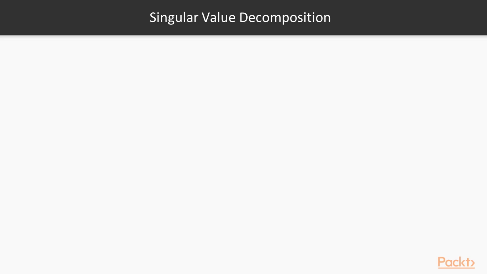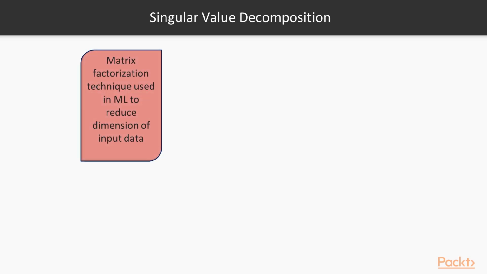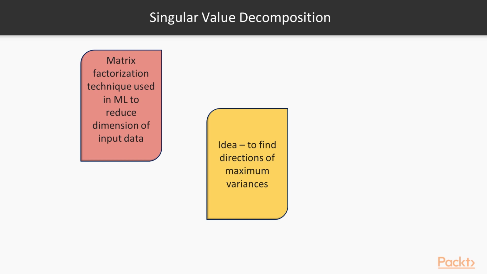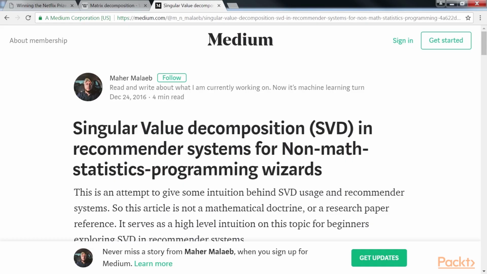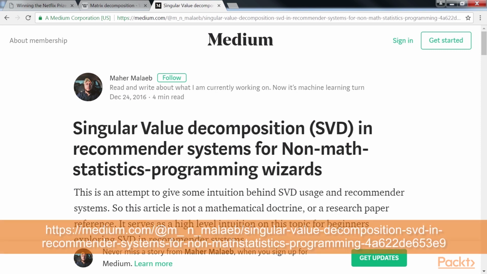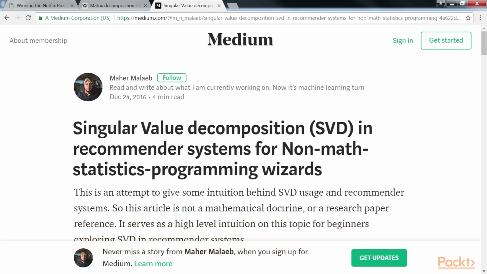Singular value decomposition is a matrix factorization technique used in machine learning to reduce the dimension of the input data. The idea is to find the directions of maximum variances and retain only those, as they can explain considerably the variation in the data. There's a wonderful article by Mahmoud Mayhoub at medium.com, which gives the intuition behind using SVD for recommender systems.